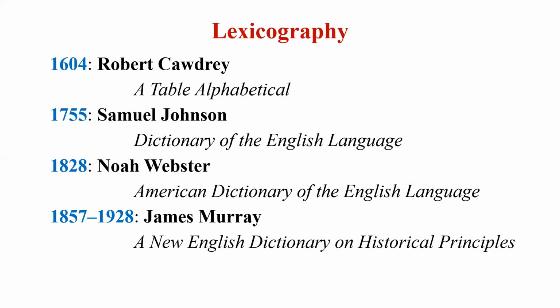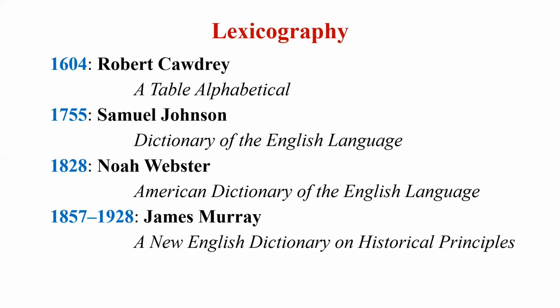Then there is a historical project, a project that is not paralleled by any other project in the history of lexicography. So we have the Oxford English Dictionary, OED, but initially it was called A New English Dictionary on Historical Principles.